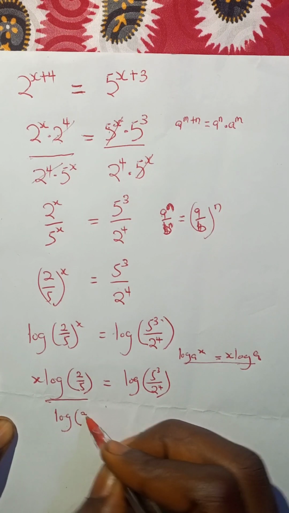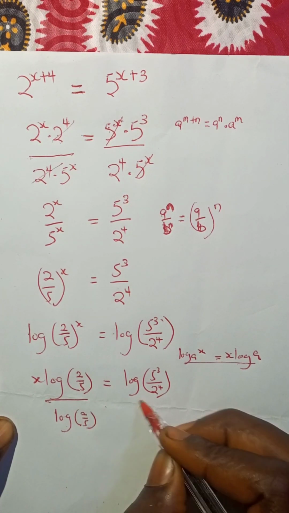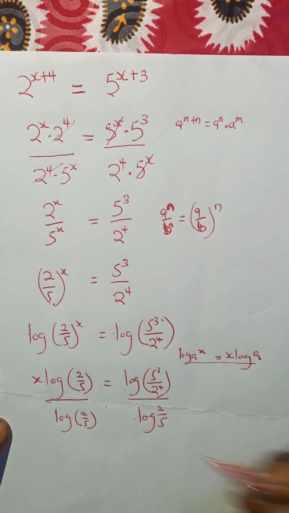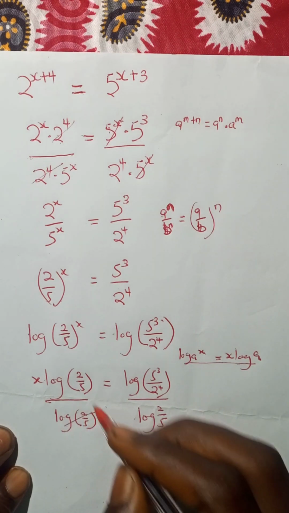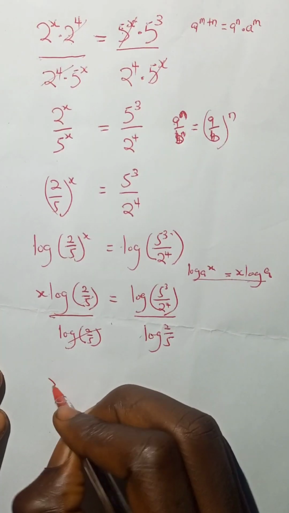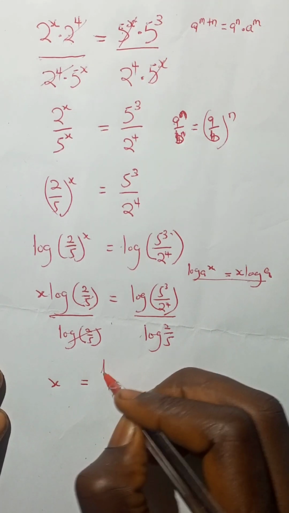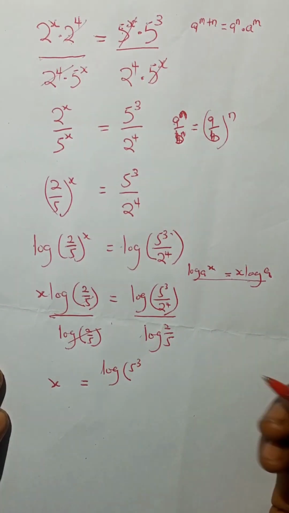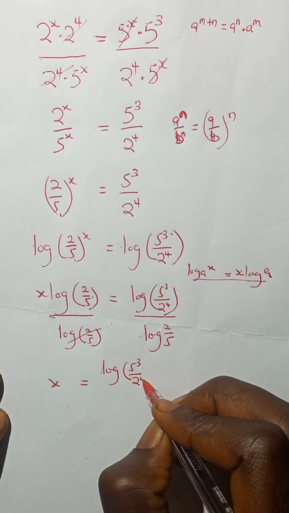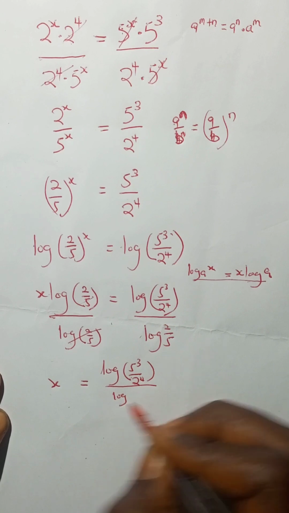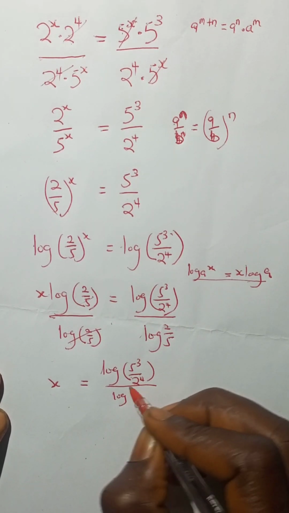Log of 2 over 5 divided by log 2 over 5, so this will cancel this. So we're going to get x equals log 5 cubed over 2 exponent 4 all over log 2 over 5.